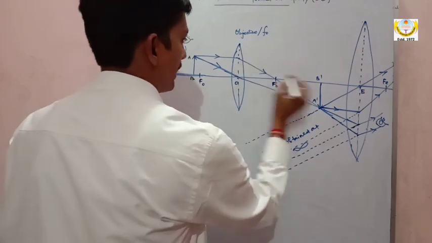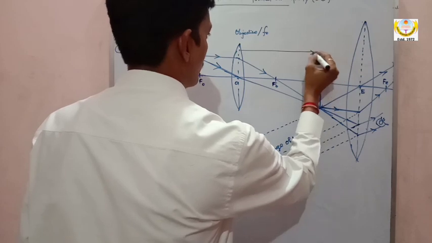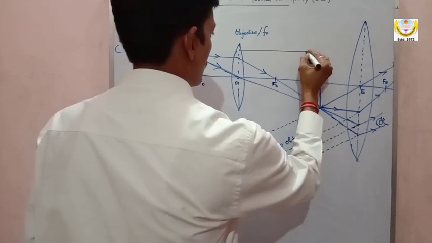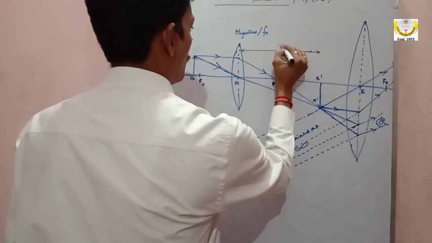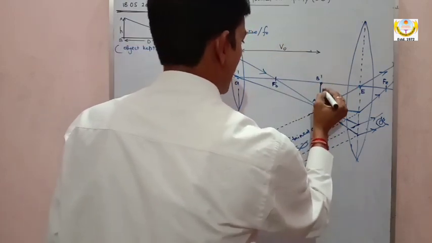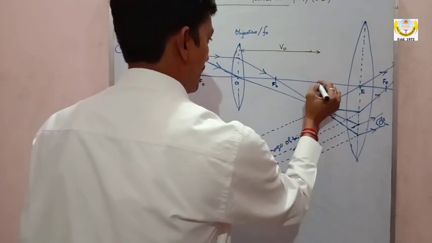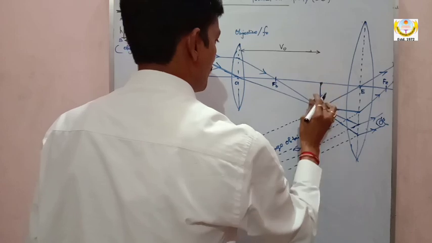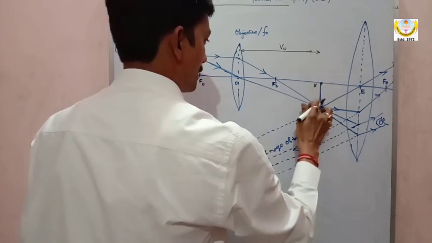You all know, my dear, this distance is nothing but VO. But now I am sure the eyepiece will obtain the image at infinity. A dash, B dash is the name.